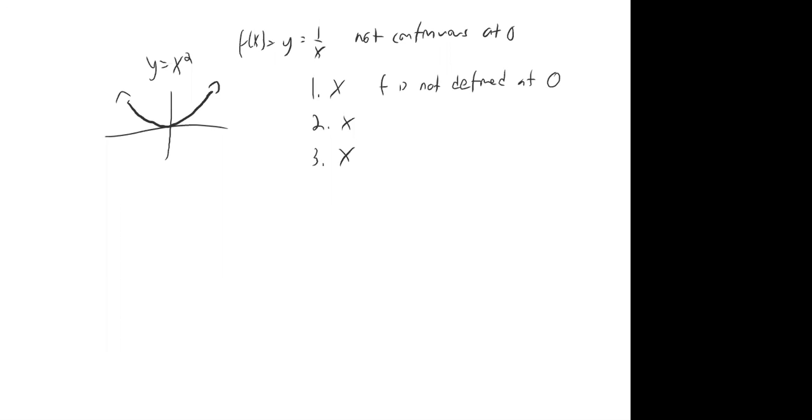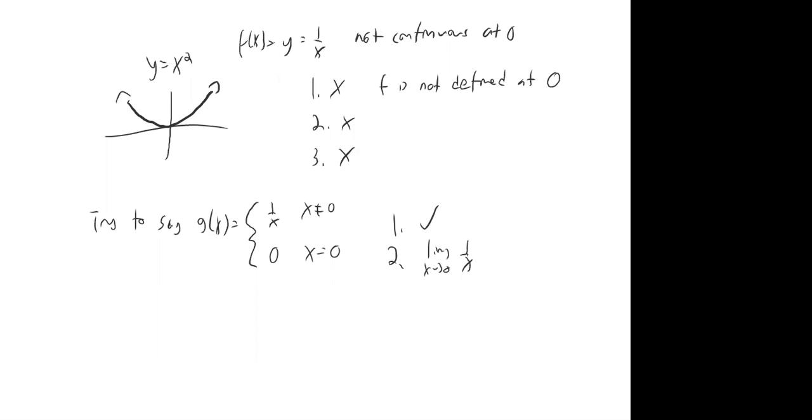And even if you try to say, let's call g of x to be 1 over x for x not 0, and make it a number at 0, say it's 0 at x equals 0, this is still not continuous. Even if you just say it's a certain point, 1 will hold, but 2 doesn't hold, because the limit as x goes to 0 of 1 over x, I think I went over this many times, does not exist.